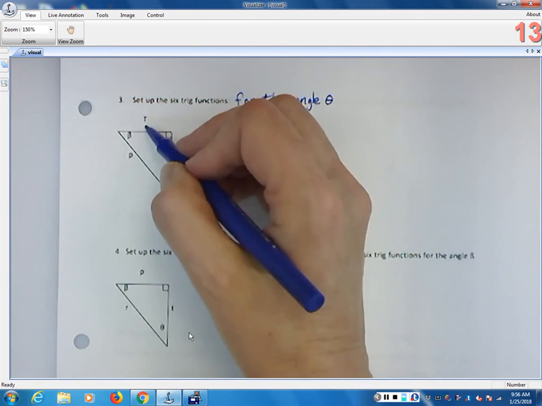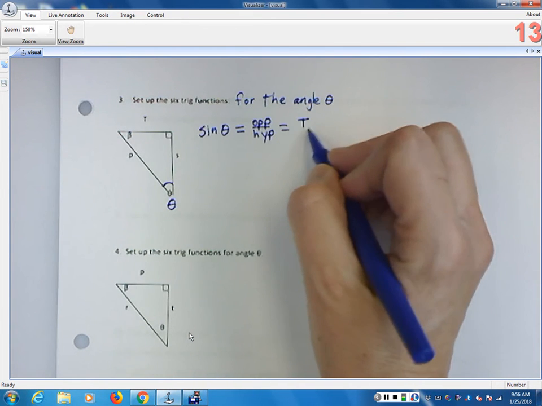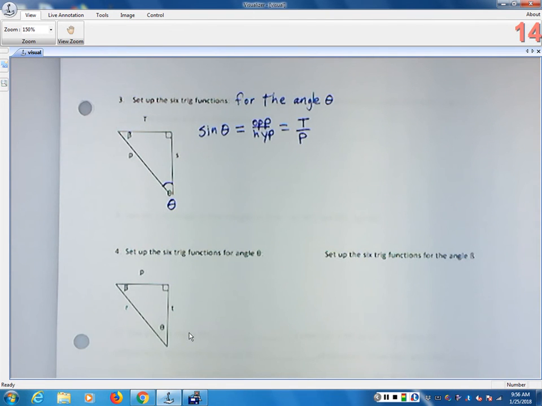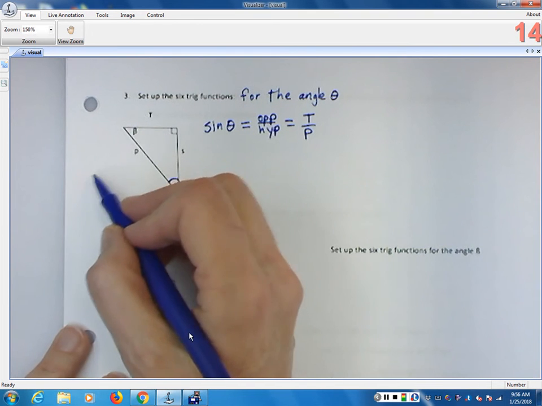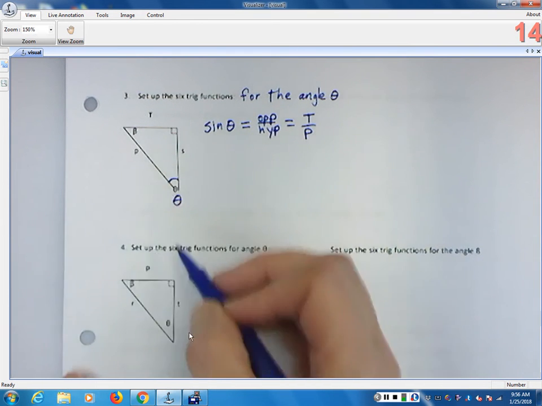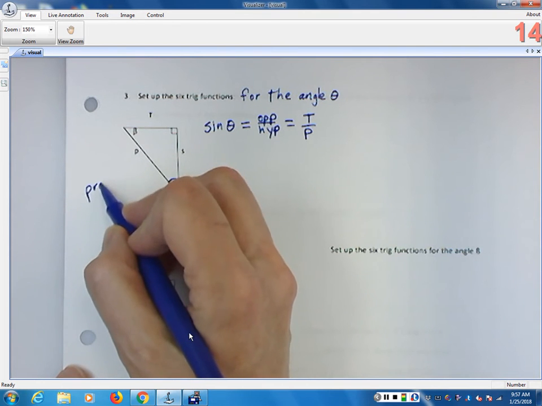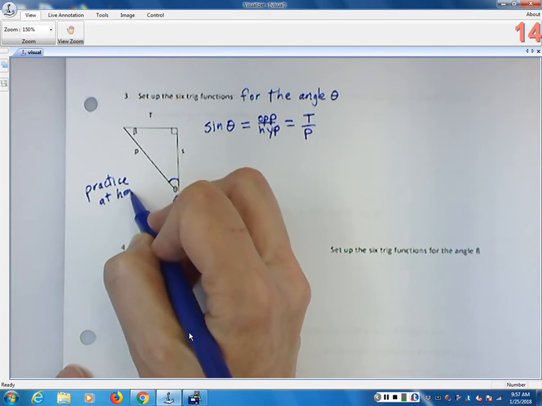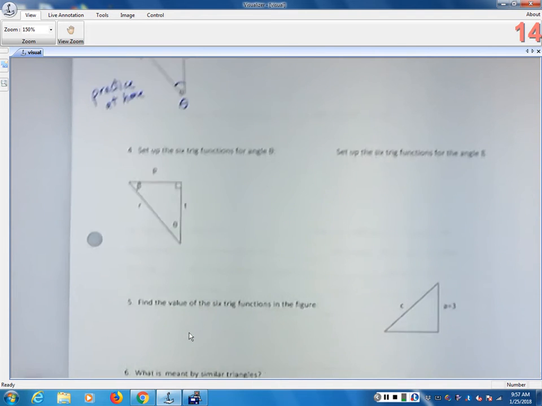So opposite is T, hypotenuse is P. For any letter that you have, you should be able to do the 6 trig functions. So practice these at home. The filled in notes are posted.